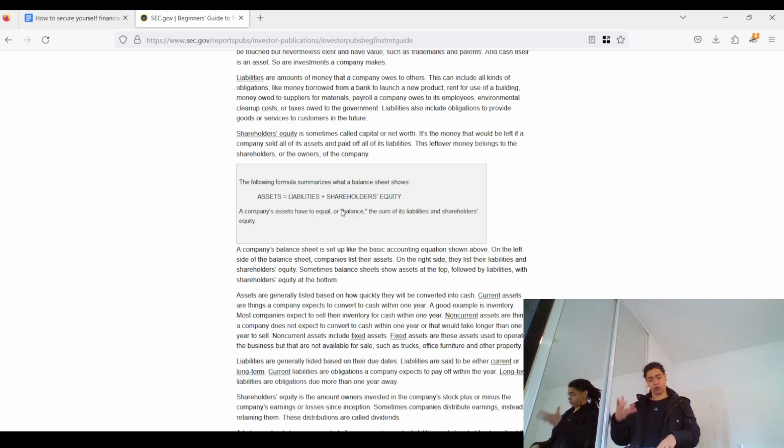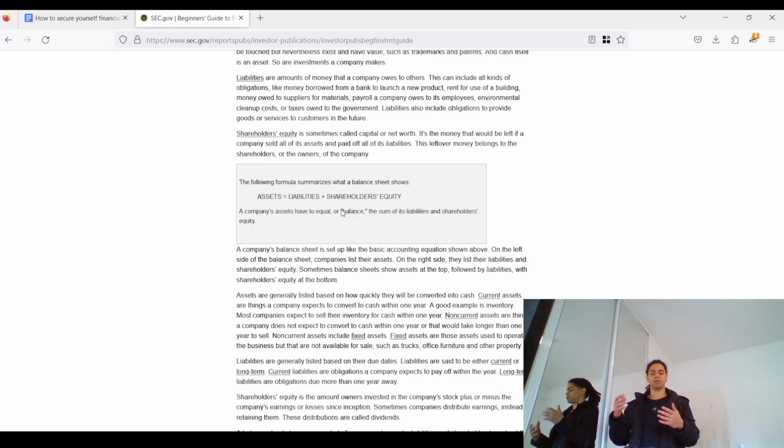You have current assets, which a company expects to transform into cash within a year, for example inventory. Non-current assets, which will take longer than a year to convert into cash. And fixed assets, which are not for sale because they help your business run, for example equipment, machinery, and property.